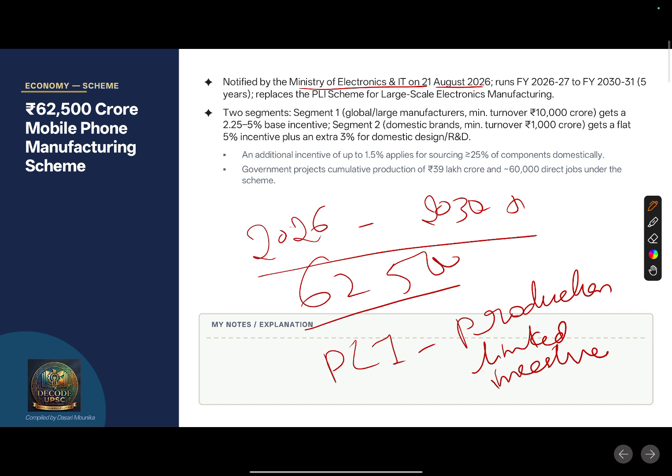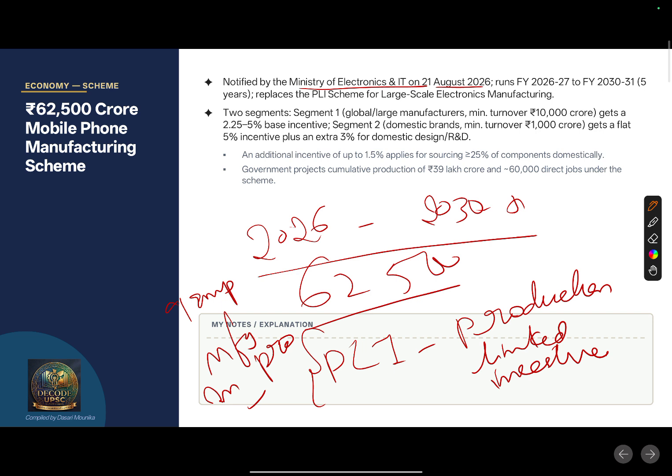The government says if you meet certain production and eligibility conditions, you can receive an incentive linked to your performance. So, this is the basic logic of the production linked incentives approach. The objective here is to encourage manufacturing, encourage investment, increase production, generate employment, and also have domestic value addition.